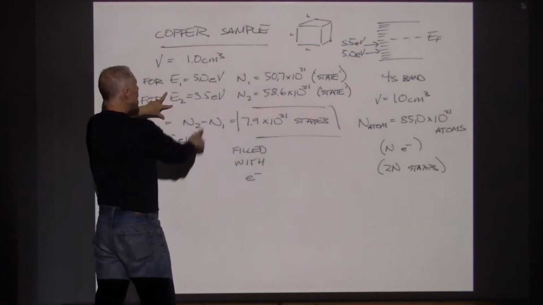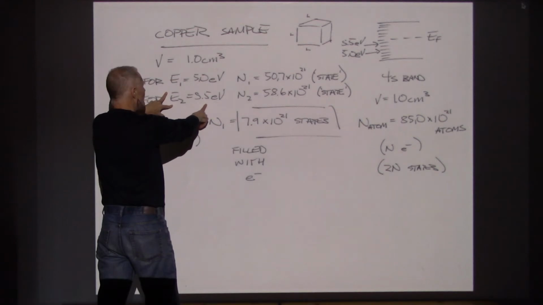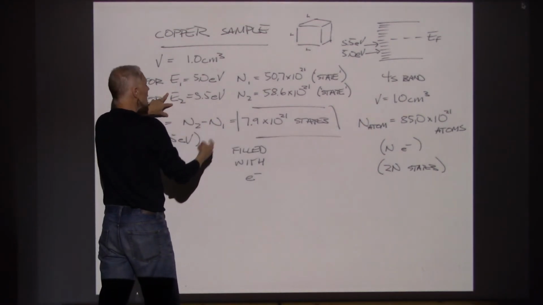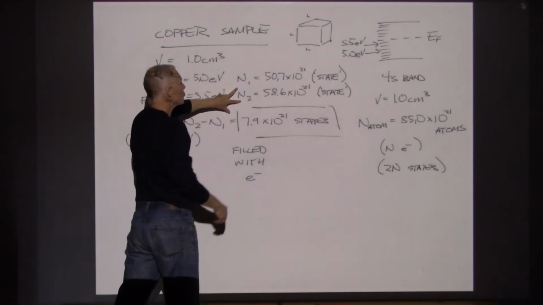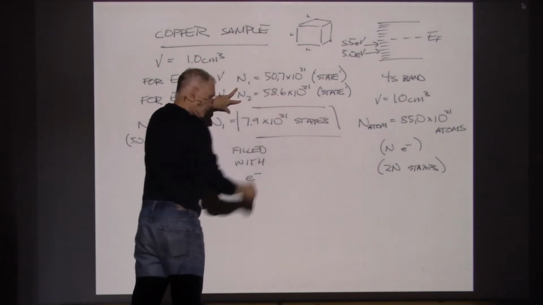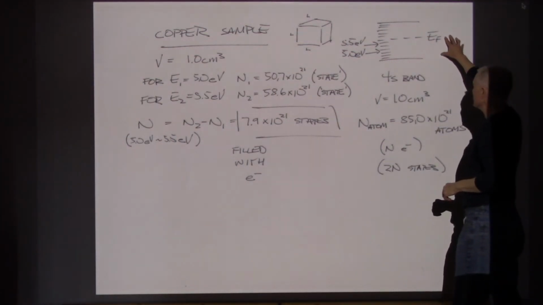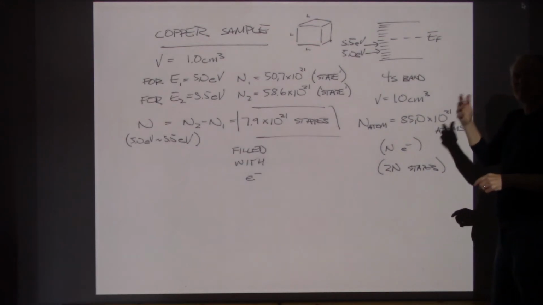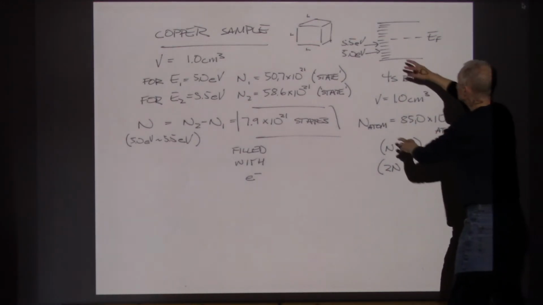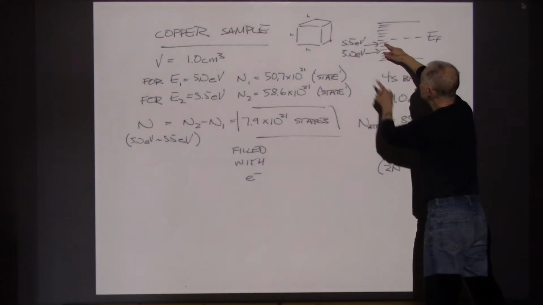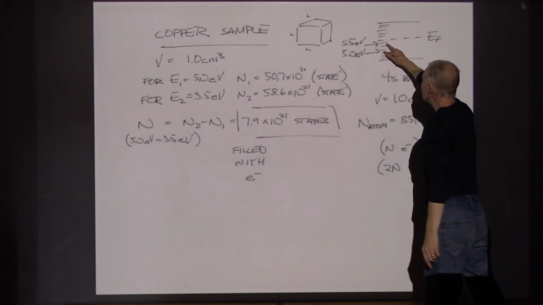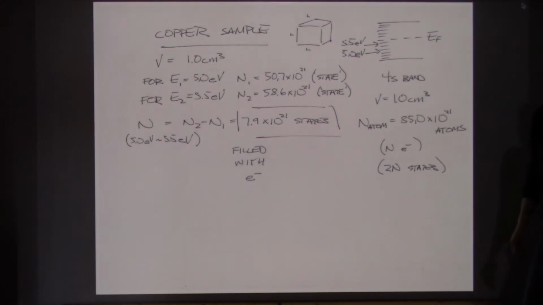If I put in 5.5 eV and redo that calculation, I now have reached state 58.6. Now remember, the Fermi energy in copper was at 7 eV. So the states I'm looking at in my block of copper definitely have electrons in them. There's plenty of electrons to reach up to 5 eV, and plenty to reach up to 5.5.